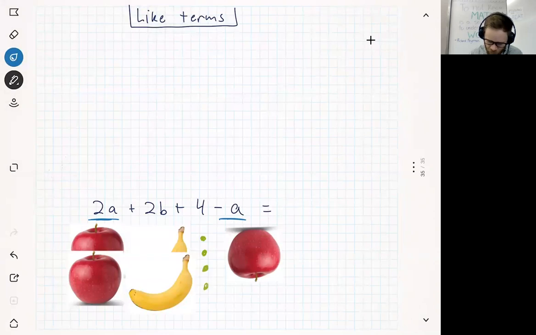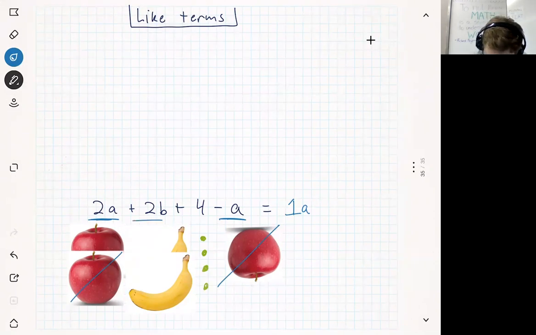So if this is a negative apple, that one cancels out, and so does this one. That means that we're going to be left with only 1 apple, 1a, right? 2 apples minus 1 apple is 1a. So 2a minus 1a equals 1 apple.